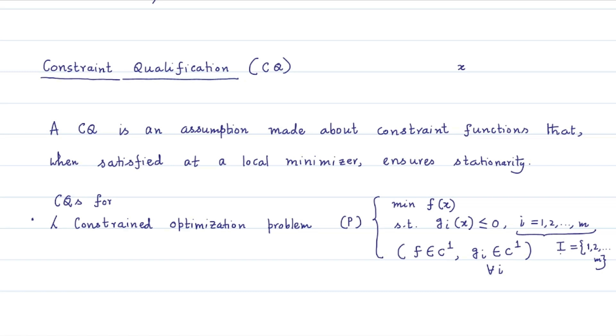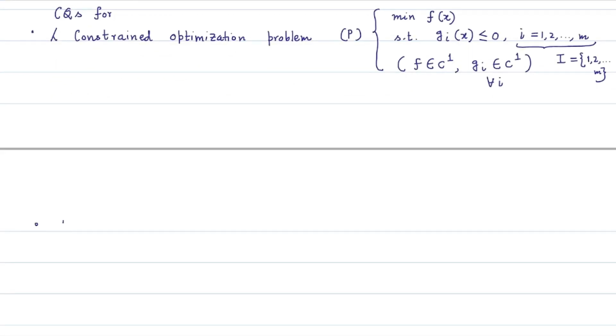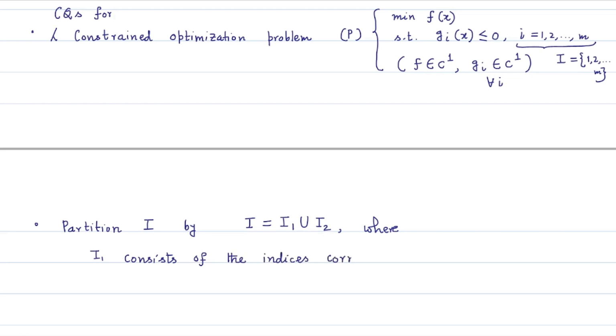By linear indices I mean those indices for which g_i is a linear function, and the nonlinear indices are those i's for which g_i is a nonlinear function. So I is equal to I1 union I2, where I1 consists of the indices corresponding to the nonlinear functions, and I2 consists of the indices corresponding to the linear or affine constraints.